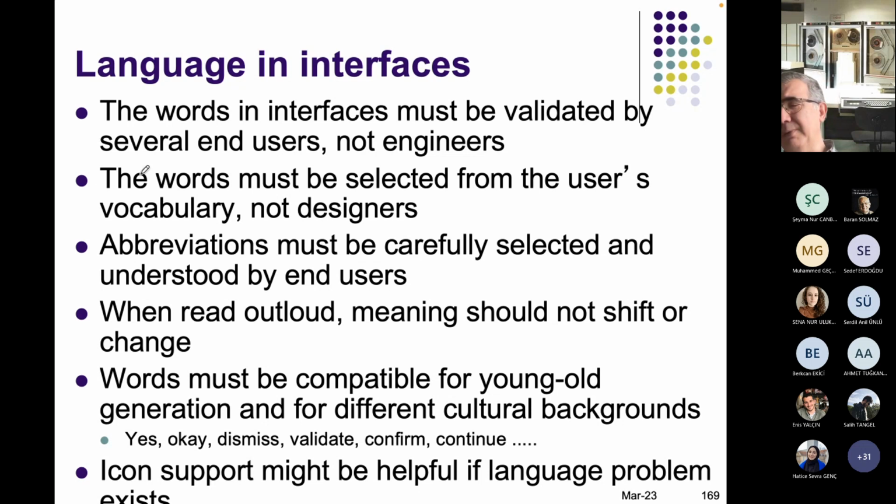Words must be compatible for the young and old generation and for different cultural backgrounds, such as yes, okay, dismiss, validate, confirm, continue. For example, the word onay is very dangerous because onay cannot be understood by some generations, and it is usually regarded as something more related to courts, more legal aspects.